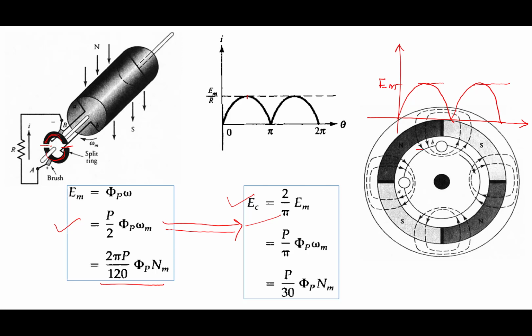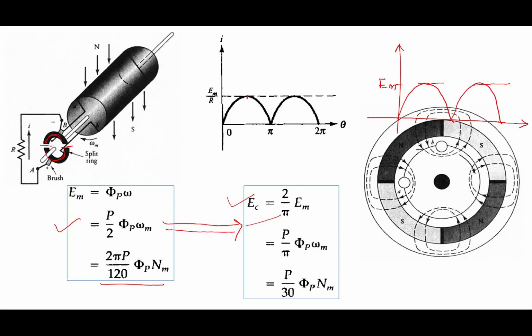This is your expression for the DC voltage which we got across the two terminals of the commutator segment. Okay, so this is your DC value.